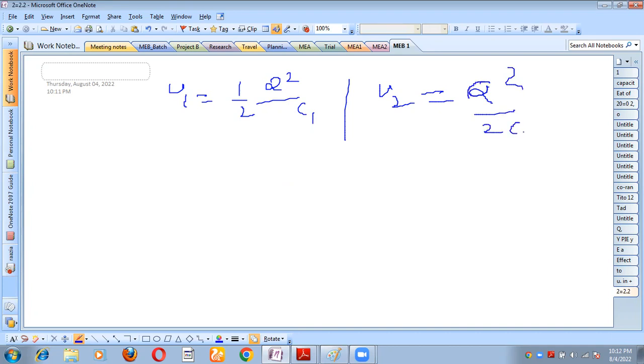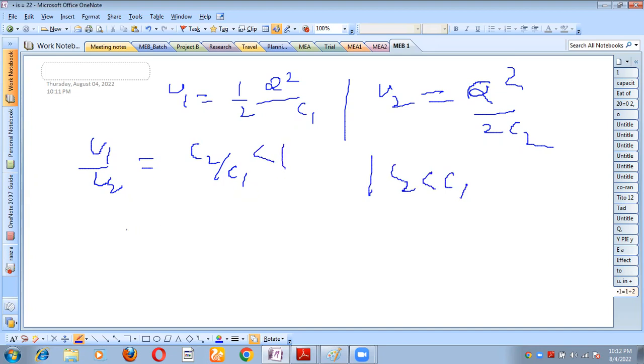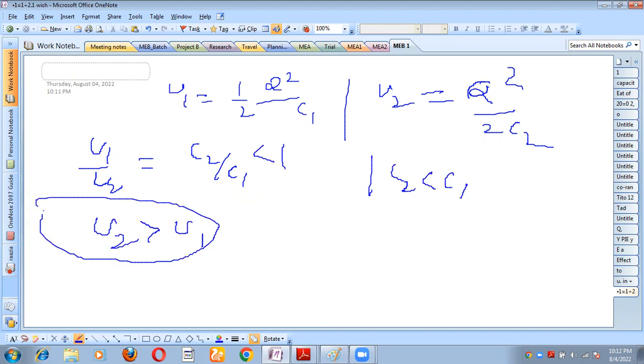So U1 by U2 is C2 by C1, right? Charge remains the same, the half is cancelled out. And we have seen that C2 is less than C1, so this is less than 1. So U2 is greater than U1. Can you see this? Understood this one? Energy in the second case will be greater than energy in the first case.